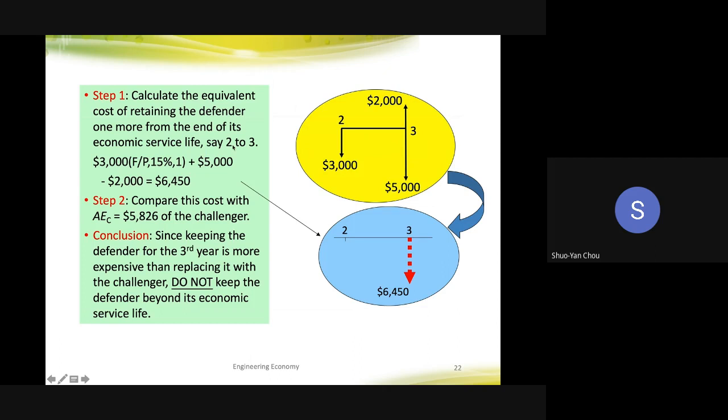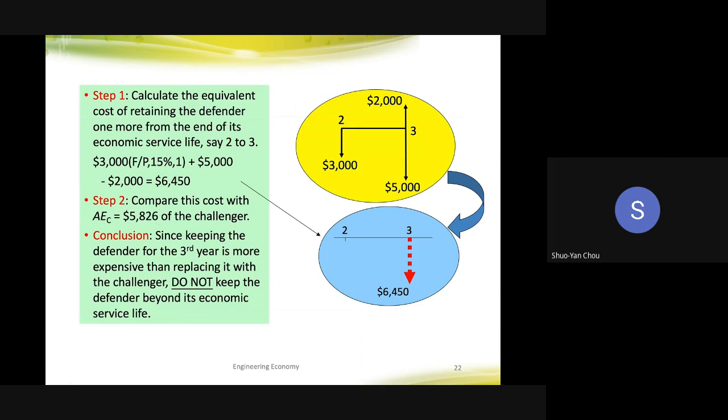After 2 years, which is the economic service life and is optimal, that value is better than the Challenger's, so you shouldn't replace yet. But in the third year, you find that it's already worse, so you will replace it in the third year and use this value continuously in the future.